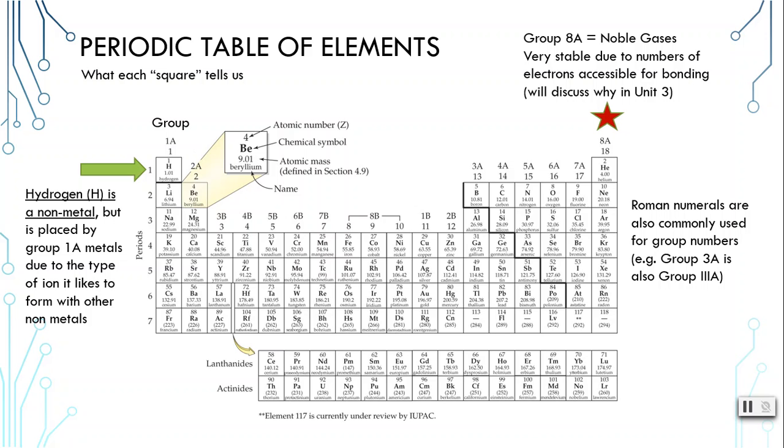But before we go on to that, let's talk a little bit about what each square, each house for an element, tells us. So each element obviously has a name and a symbol. We talked about that in the previous video. Above the chemical symbol for an element in that box is a number.